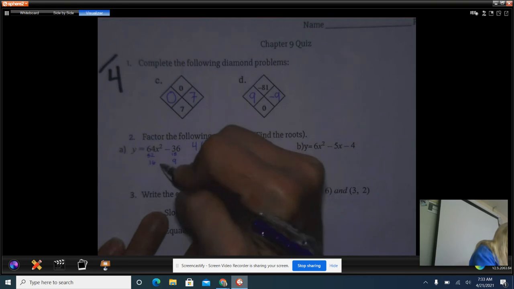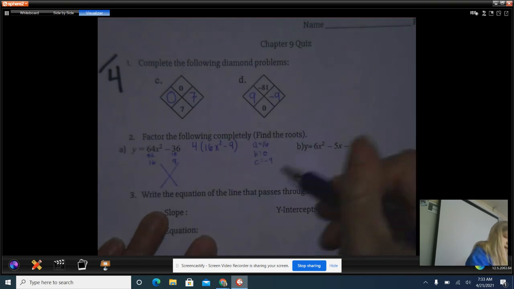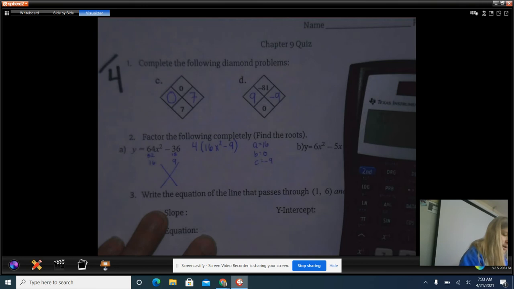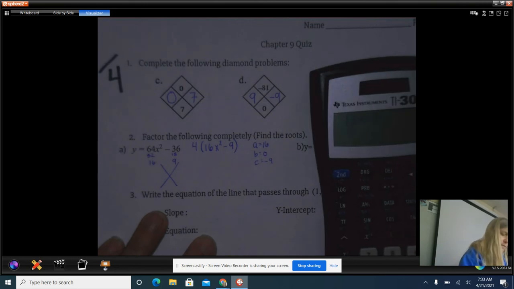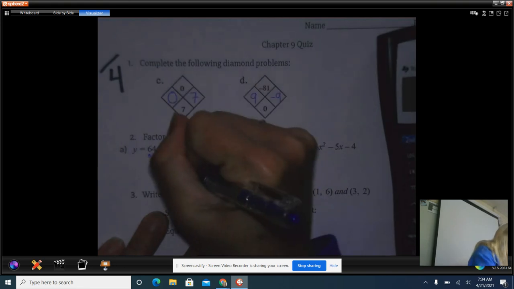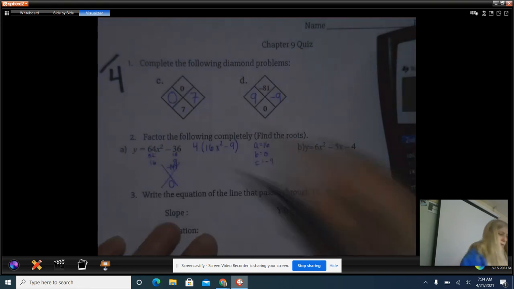So we're going to put that into our diamond problem. A times C goes on top. So we have 16 times negative 9, and that gives me negative 144, and there's just 0 down below.